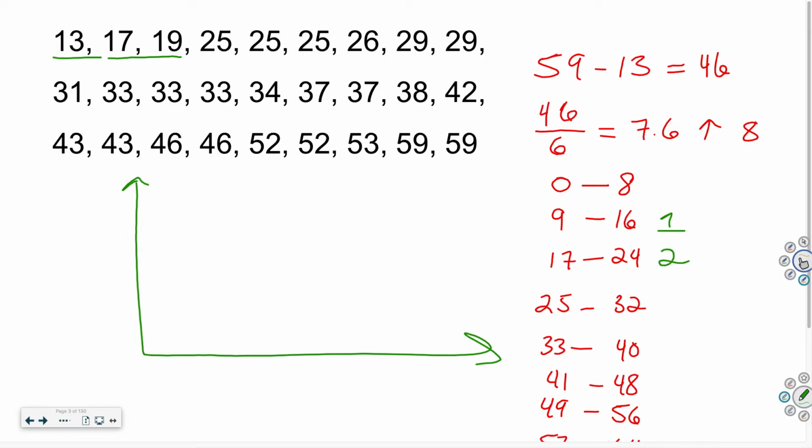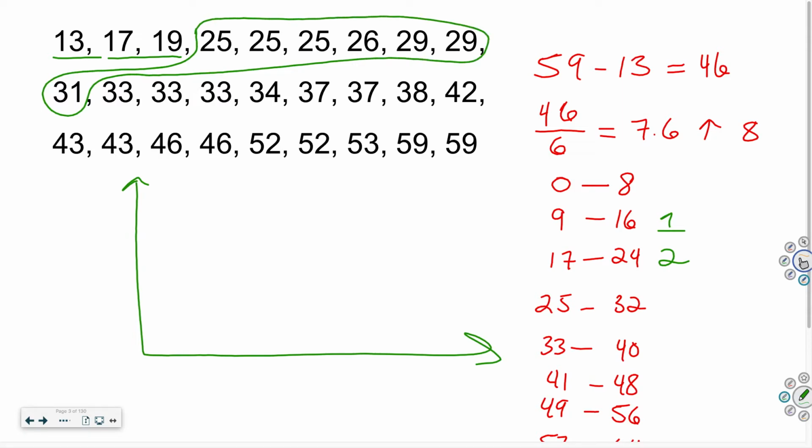Okay, 25 through 32. 7. So it would be something like this. That's 7. Okay. All right, and then we have 33 through 40. How many pieces of data is that? That's 7.